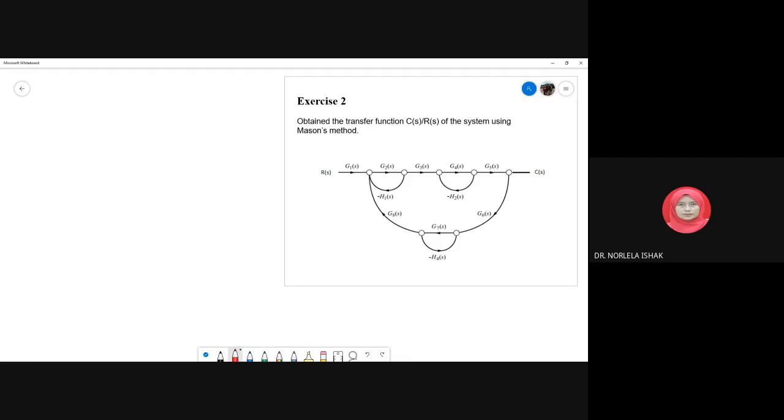Kita try buat forward 1: G1, G2, G3, G4, G5. Okay, itu satu. Another one is a forward G1, G2, G8, G7, G6.